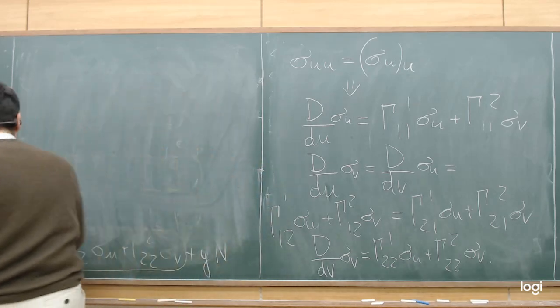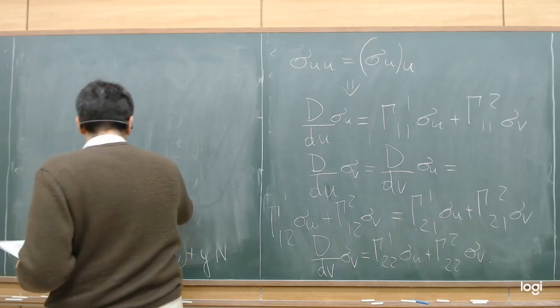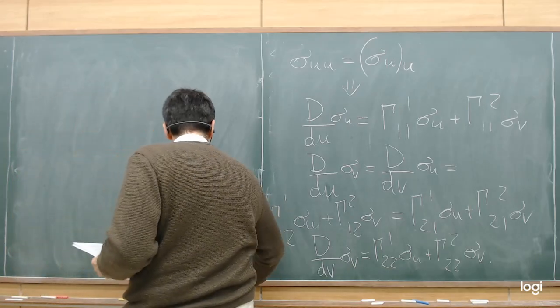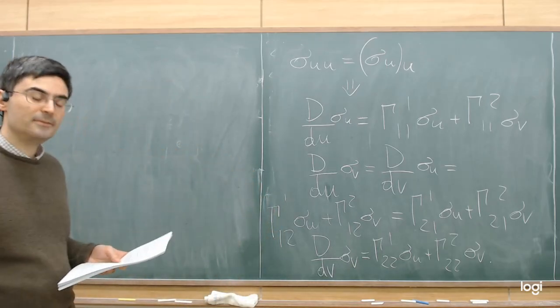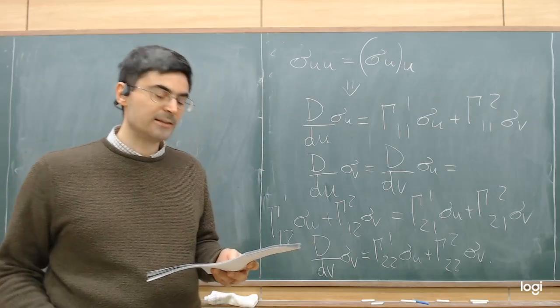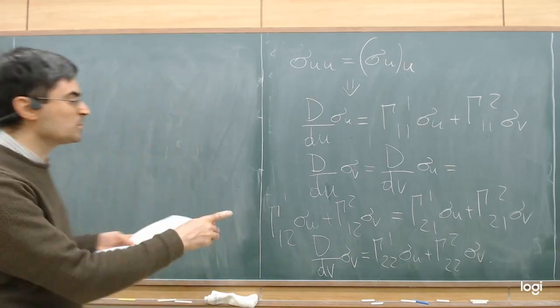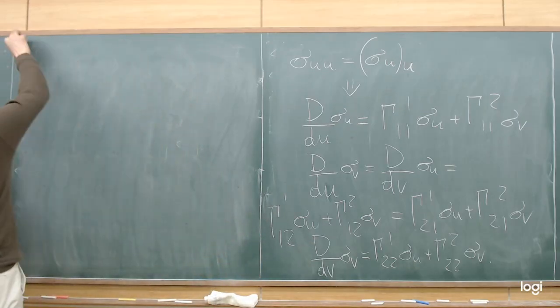Now I present a lemma which explains how to express the covariant derivative of an arbitrary vector field along a curve in terms of Christoffel symbols.